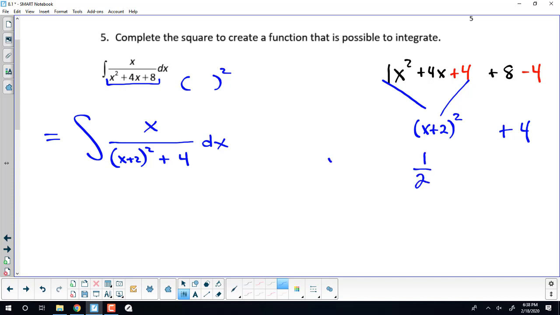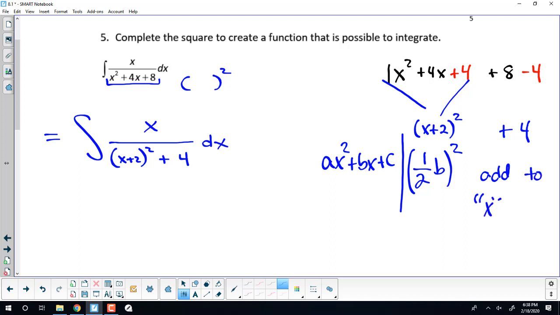So it's a quadratic, ax squared plus bx plus c. We take half of the b term and square that, add to the x's, and then subtract from the constant.